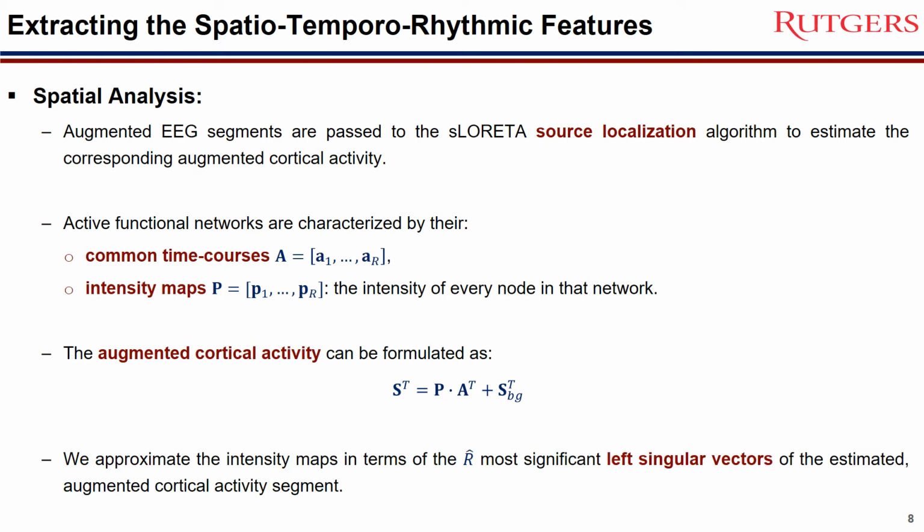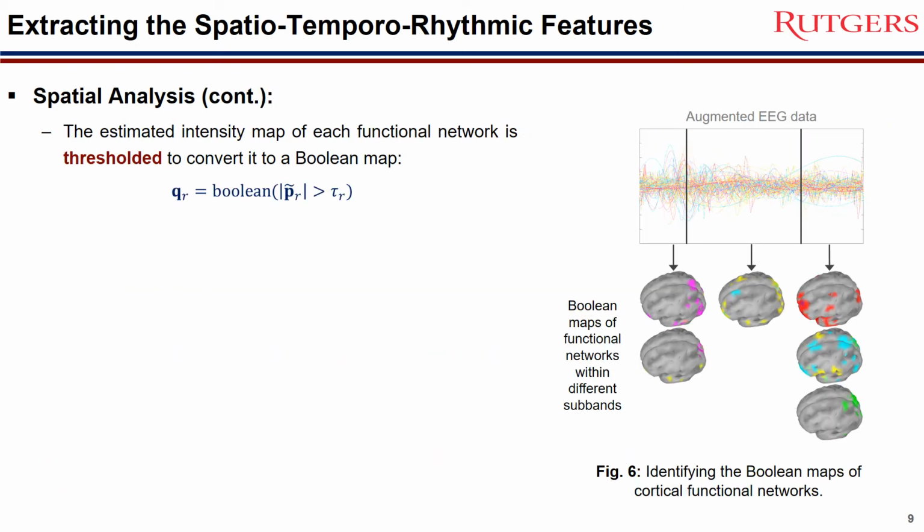Therefore, we can approximate the intensity maps in terms of the most significant left singular vectors of the estimated augmented cortical activity segment.